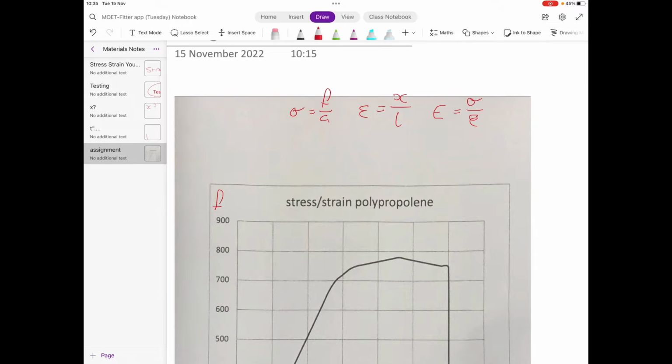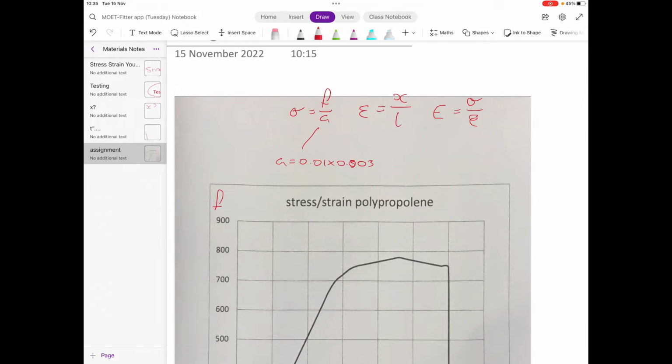So we've got the force, we can read that from the side of the graph. We've got extension, we can read that from the x-axis of the graph. Area we can calculate because we know the cross-section of the material was 10 mil, I'll put it in meters though, by 3 mil. Oops.